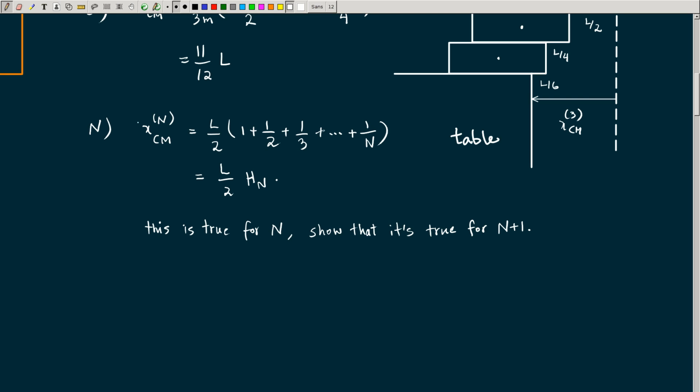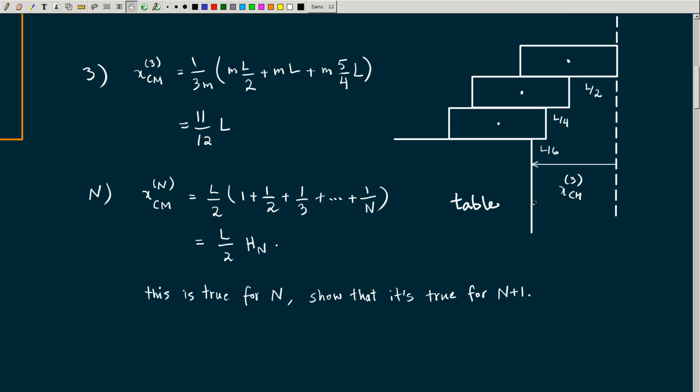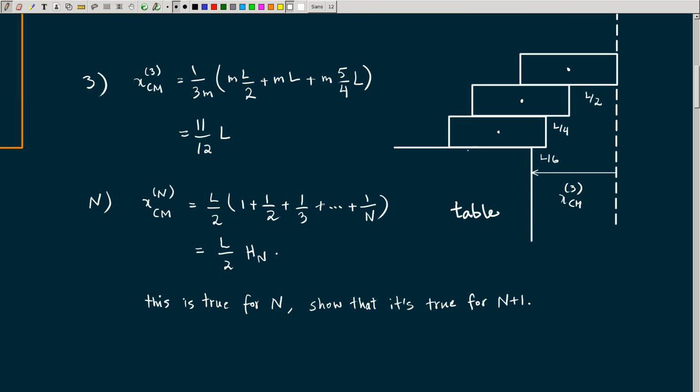You know that this is the center of mass of these n books here. The next one, the mass is m. This one, the mass is n times m.